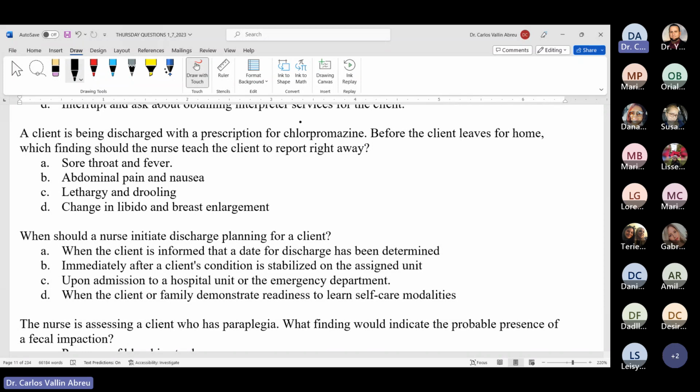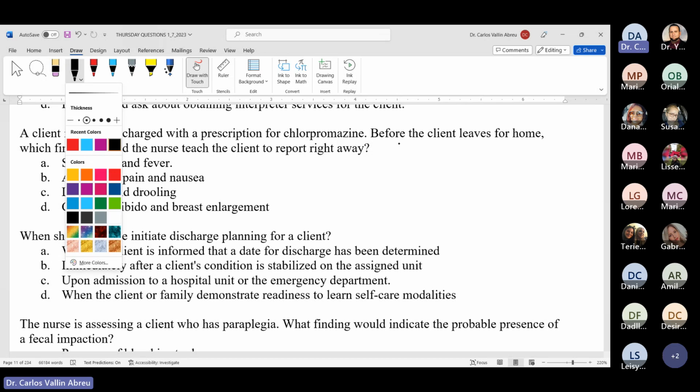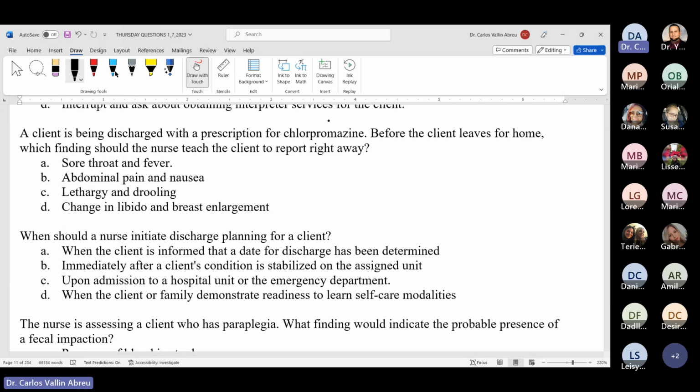It's a typical antipsychotic of the phenothiazine family, the promazine group, phenothiazines, like trifluoperazine, chlorpromazine, etc. They are all antipsychotic medications that are also used for nausea and vomiting, and can be used for hiccups, etc. It has potent anticholinergic activity.